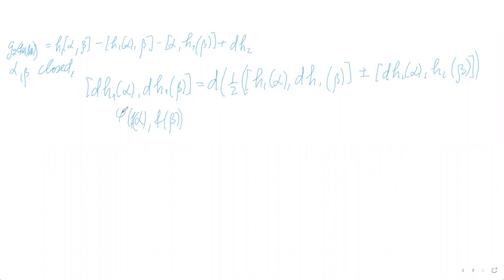And it is equal to D G2 of F of alpha, F of beta, right? So if we write down the formula for G2, we shall see that the remaining part will look like a closed element. Not an exact element.